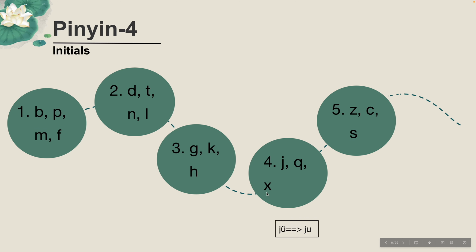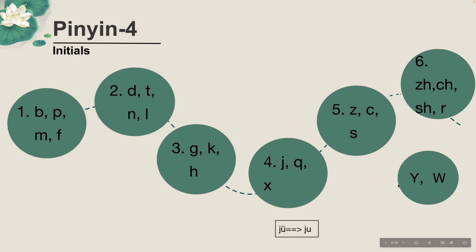The fifth group are the dental sibilants, 舌尖前音, zi, ci, si. And the sixth group are the retroflexes, 舌尖后音, zhi, chi, shi, ri.